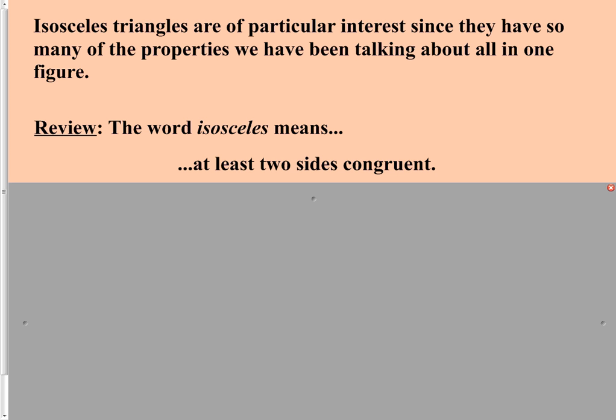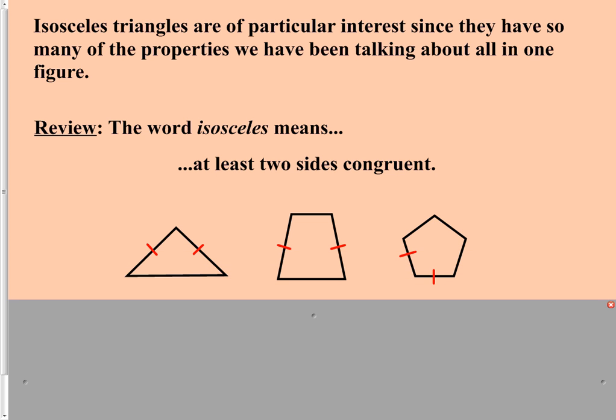That is an accurate definition, but the diagrams we're going to focus on today are figures that have only two sides congruent. That does not mean the properties we're going to talk about don't apply to an equilateral triangle and such, but the diagrams will simply only have two legs congruent.